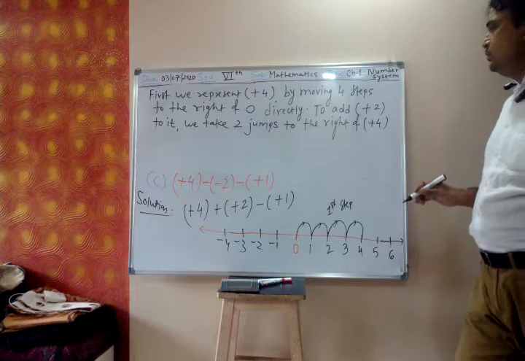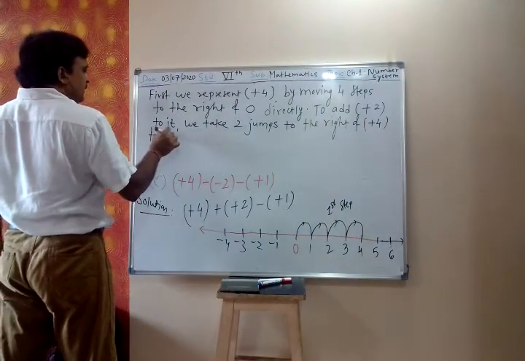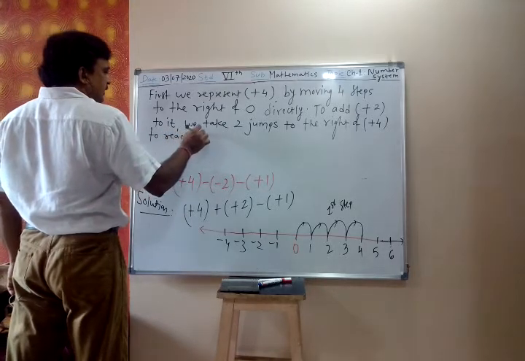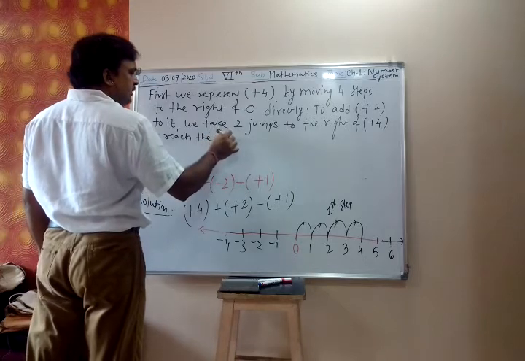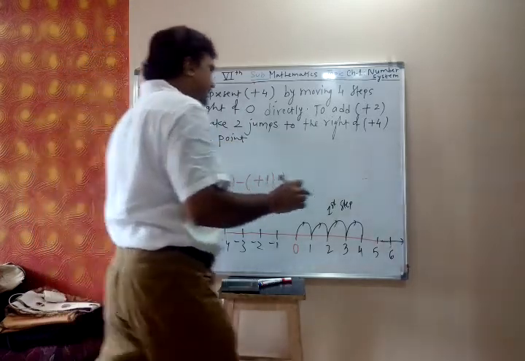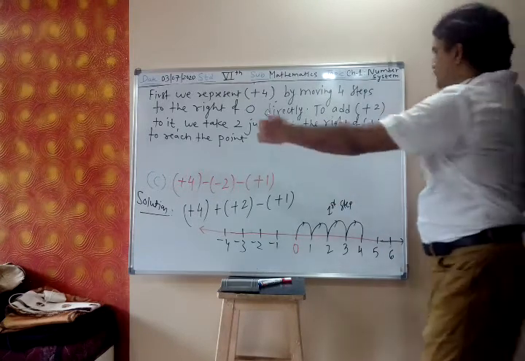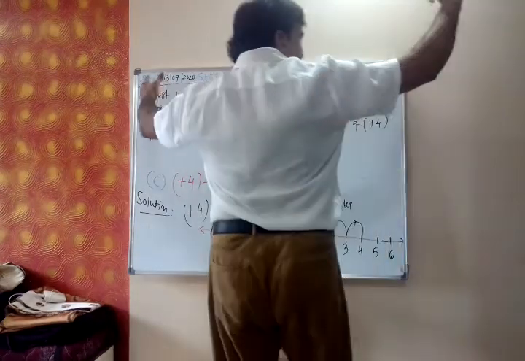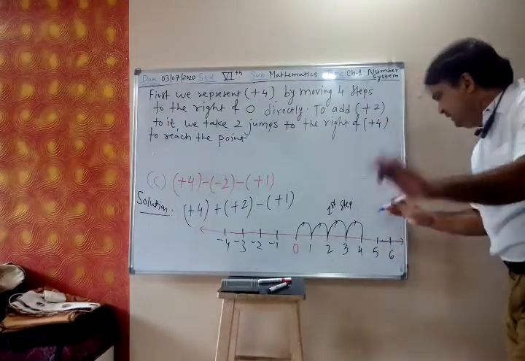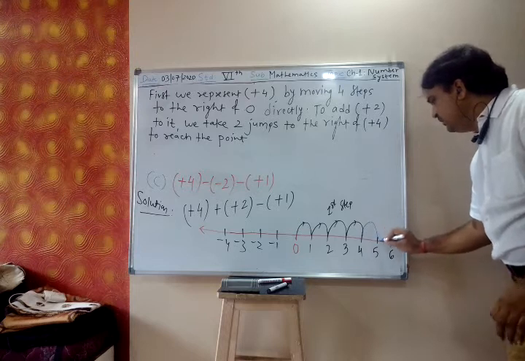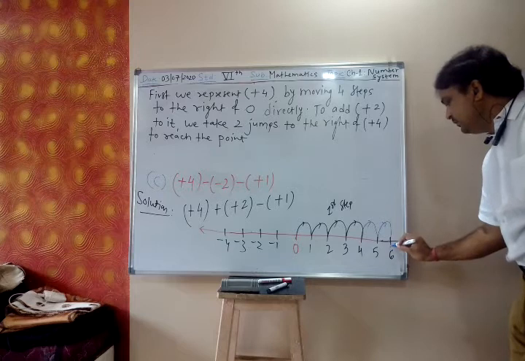This is my right side. So 4 to 5 is 1 jump, 5 to 6 is 2 jumps. So I will reach the point 6.